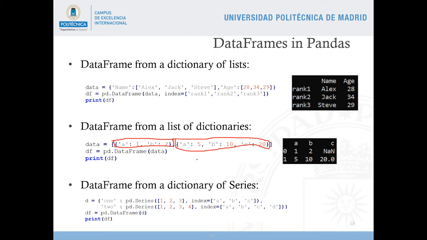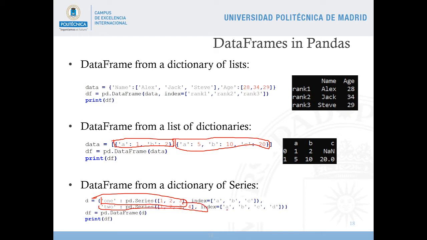And finally, we can also create a data frame with a dictionary of series. It's very similar to the case of a dictionary of lists because a series is more or less like a list. So you see that we have here one column with 3 values, 1, 2, 3, and a second column with values 1, 2, 3, 4.